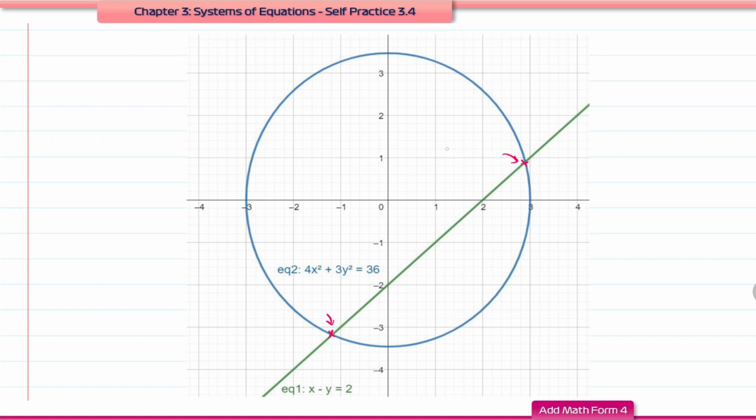For the first one, the x coordinate is 2.9 and the y coordinate is 0.9. For the second intersection point, the coordinate x is negative 1.2, whereas the coordinate y will be negative 3.2. So the coordinates of the intersection between these two graphs are the solutions for these simultaneous equations.